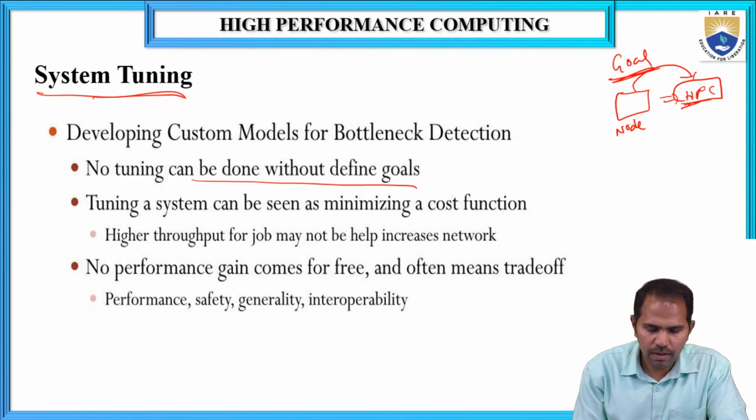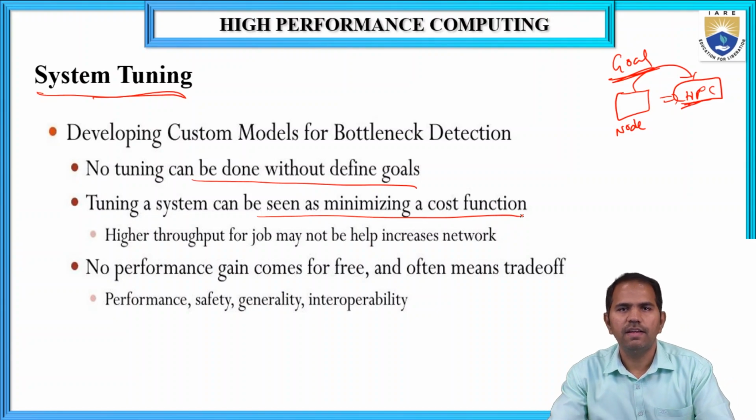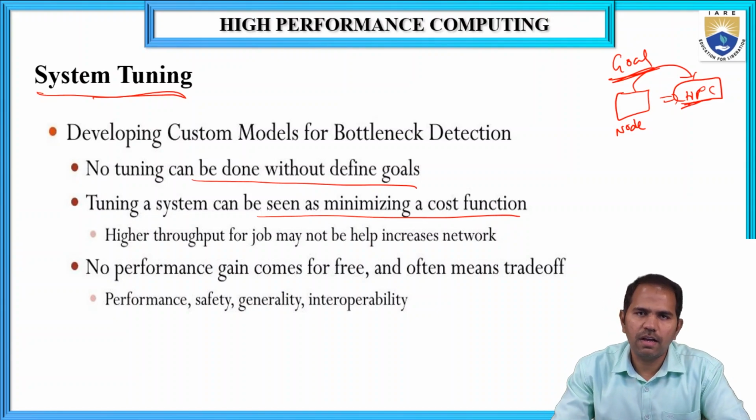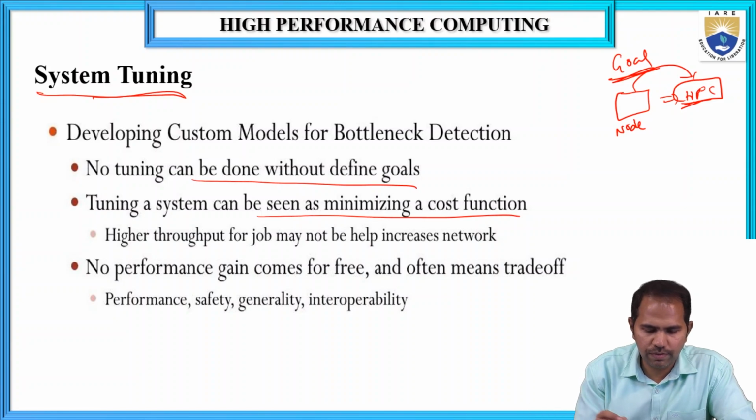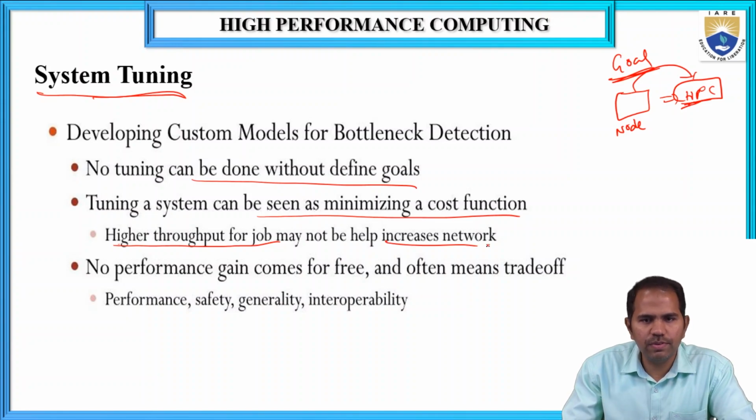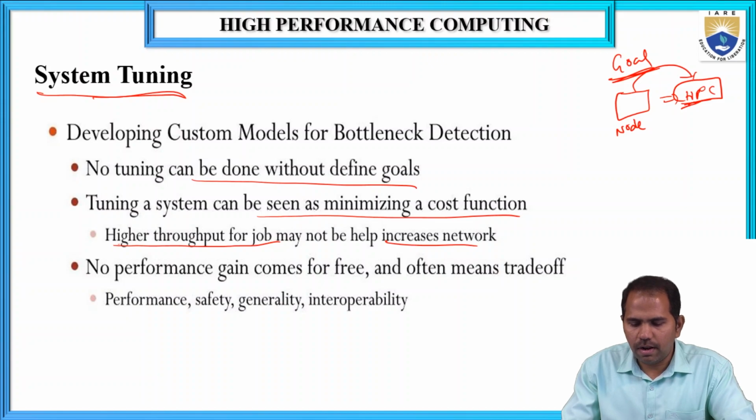Now tuning a system can be seen as minimizing a cost function. Taking higher throughput for a job may not help increased network.